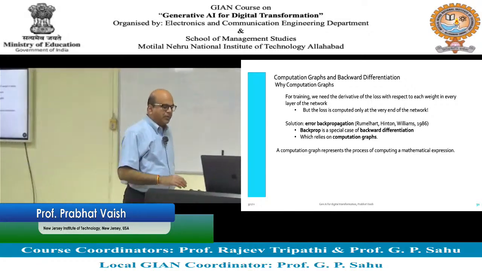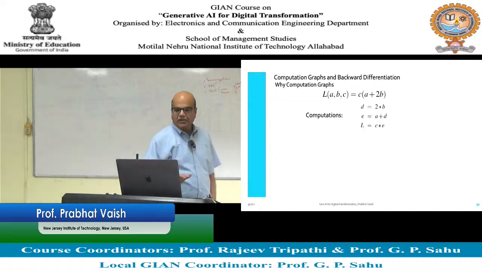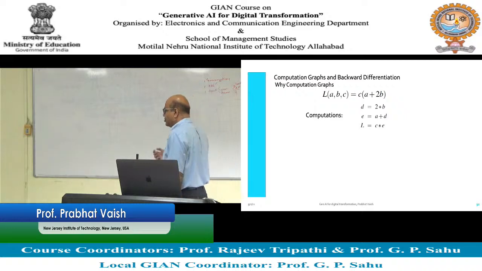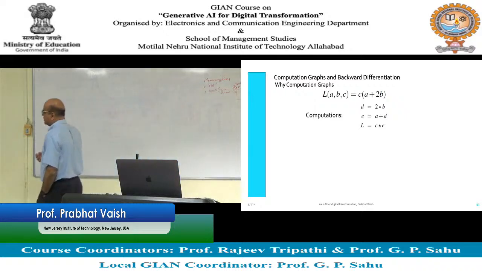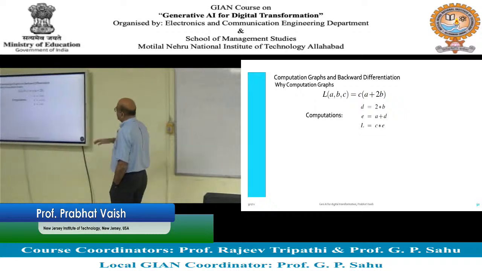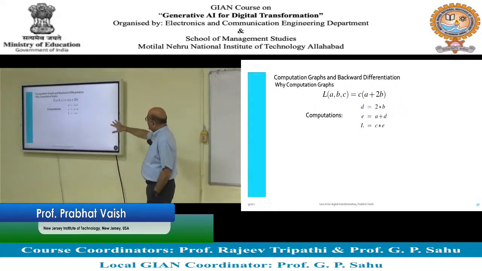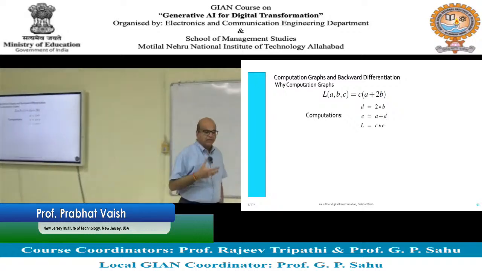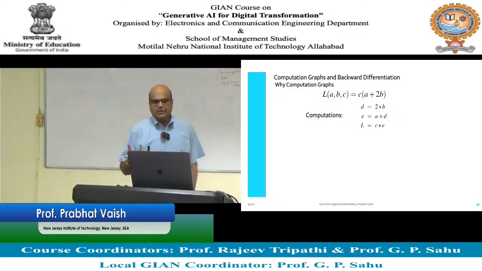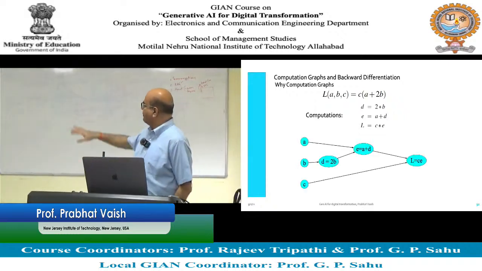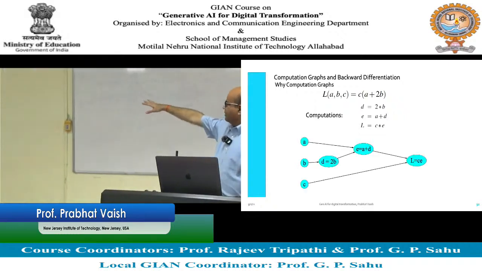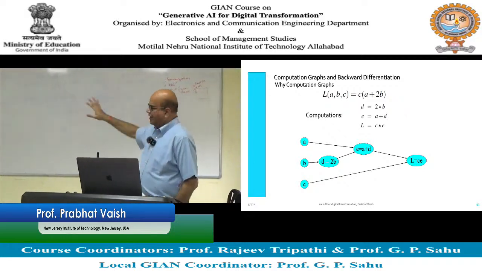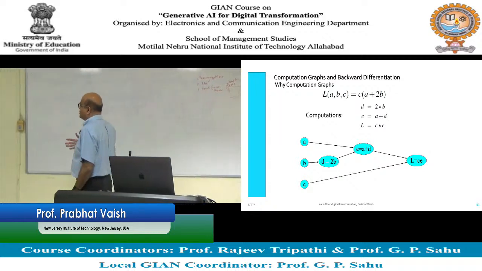So back propagation basically says how can you do it fast by using the basic mathematical terms. So what we introduced is saying that the loss function can be represented as a computation graph, because every function can be represented as a graph. So if you have a loss function which says C multiplied by (A plus 2B), you can show it in a graph. If you think about it, these A, B, and C could be anything.